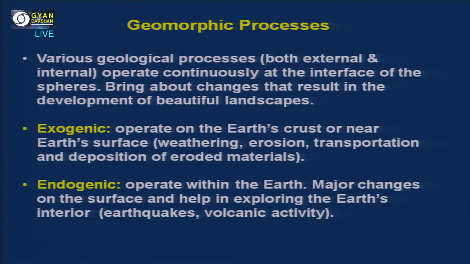The second type is endogenic or endogenetic, also known as internal processes, which operate within the Earth, and major changes are brought about on the Earth's surface by earthquakes and volcanic activities, which are again governed by the plate tectonics theory.